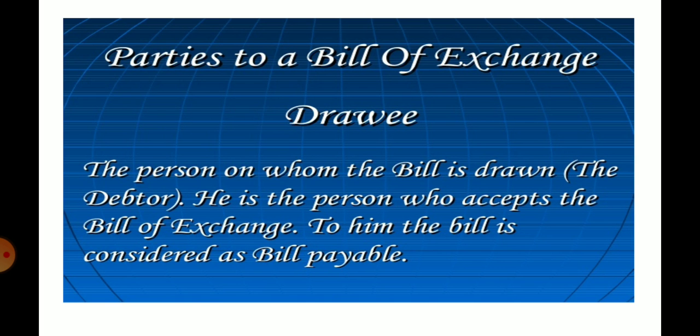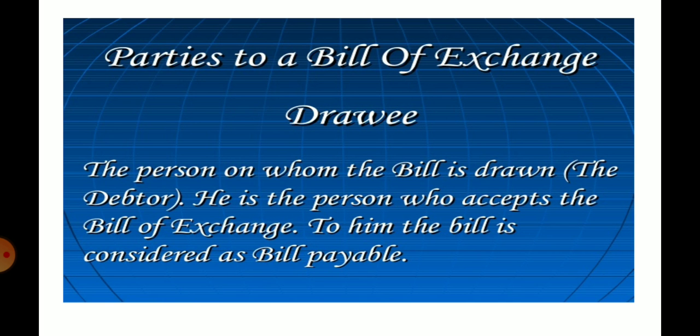Now, who is the drawee? The person on whom the bill is drawn, the debtor. He is the person who accepts the bill of exchange. To him, the bill is considered as payable. What payable? Bills payable. As you prepared the bills payable book in the previous chapter, you can understand this term easily.